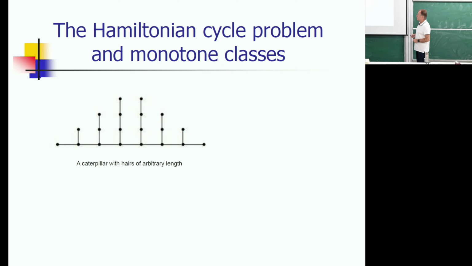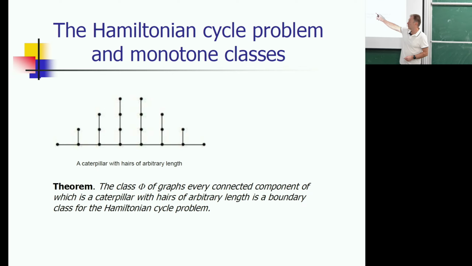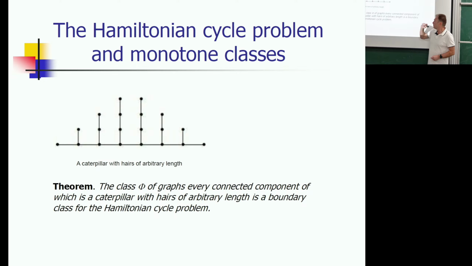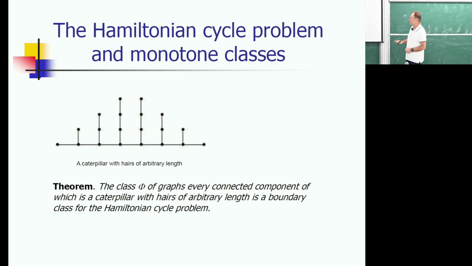And the boundary class is the class of graphs where every connected component has this form. Throughout this talk I will denote it by phi. So what we proved is that the class phi of graphs, every connected component of which is a caterpillar with hairs of arbitrary length, is a boundary class for the Hamiltonian cycle problem.